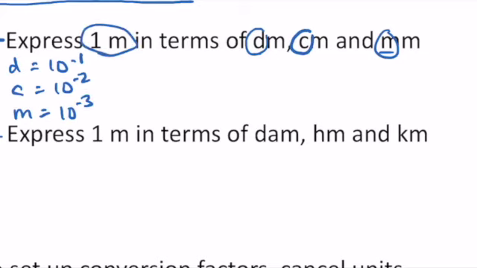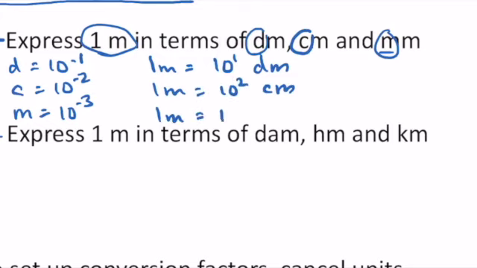So 1 meter has 10 to the 1 decimeters, 10 squared centimeters, and 10 to the third millimeters. Those are for the base value of 1. You have the reverse value of that in the exponent.